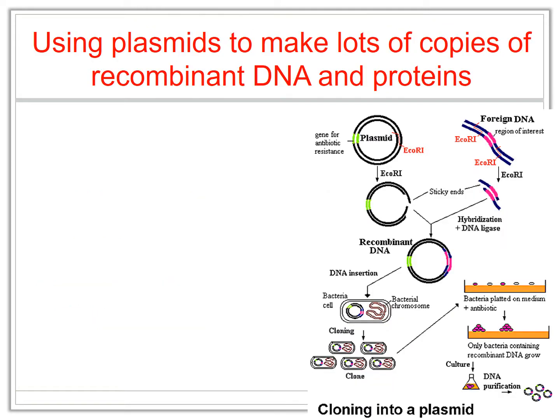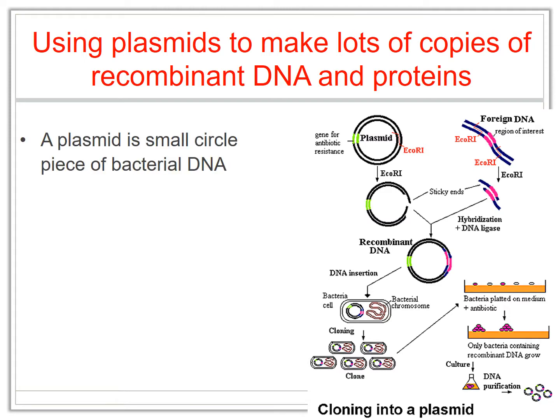We are able to use plasmids to make lots of copies of recombinant DNA and proteins. So again, a plasmid is a small circular piece of DNA inside the bacteria.